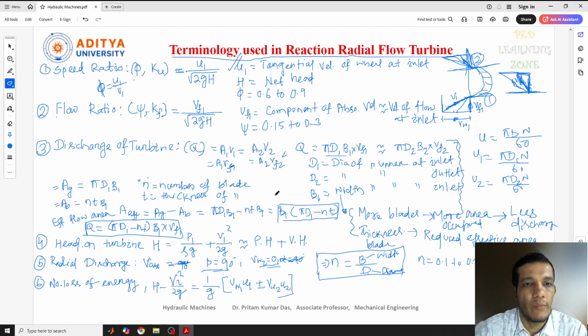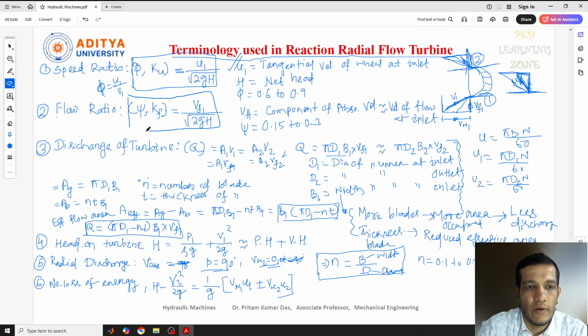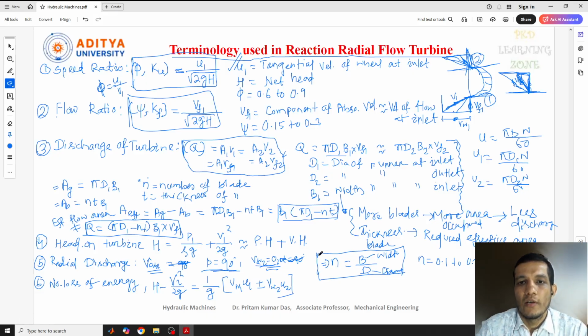We need to remember these formulas, like speed ratio, where sometimes questions are given based on this, and flow ratio. The discharge, which we studied previously, we finally got here when thickness is given and number of blades is given extra, and this is the head of the turbine. This is radial discharge, which I have reminded you again. And this is no loss of energy.